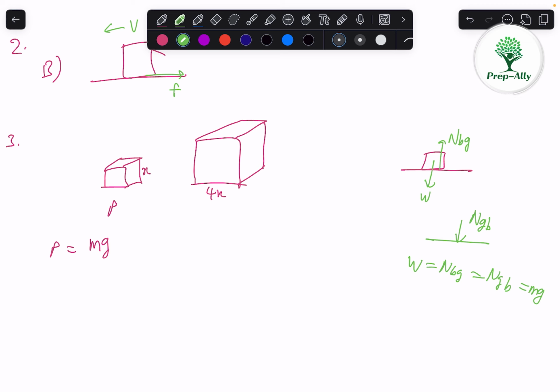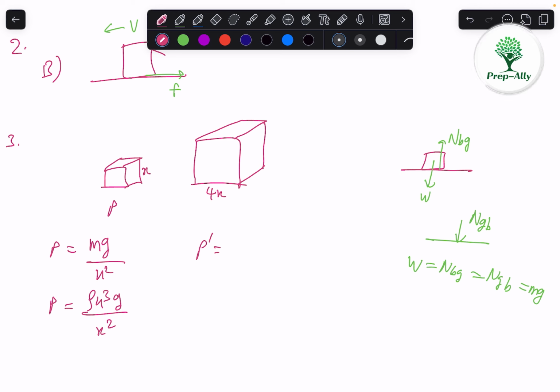So yeah, it's mg. Okay, and upon area, the area of the surface of contact is x square, because the side is x, so x square will be the area at the bottom. Fine, and I can write this mass as density into volume. Volume is x cube, so density into volume into g by x square.